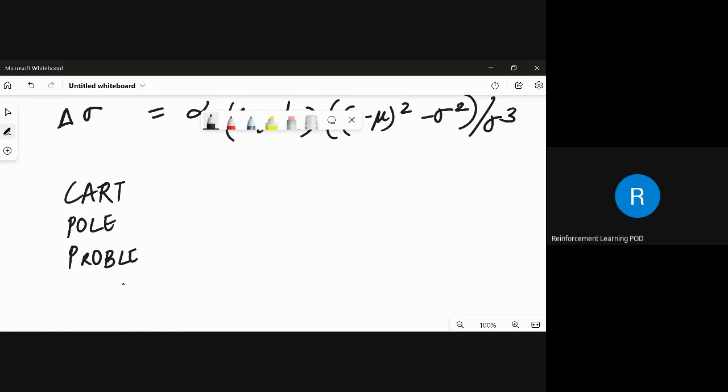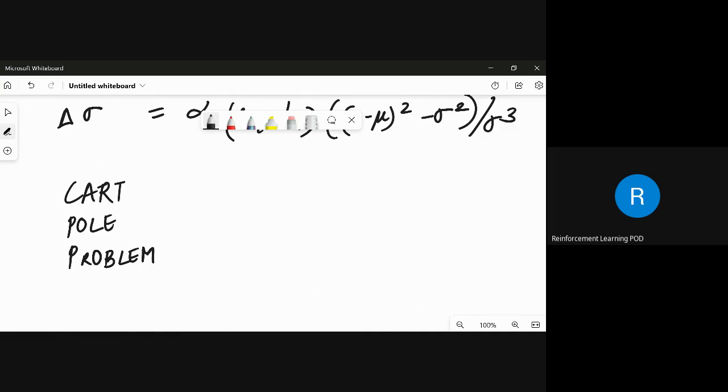Okay, so I'll explain it. Not going into the specifics of it, let's say you want to balance a stick on your hand, right? But the 2D version of it.